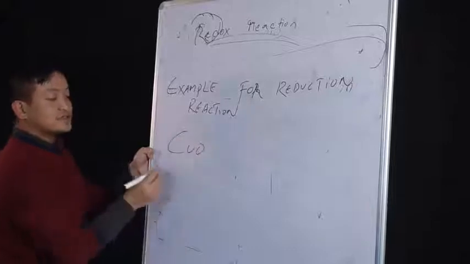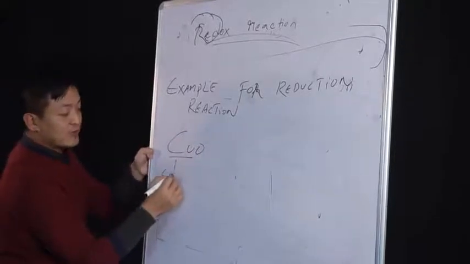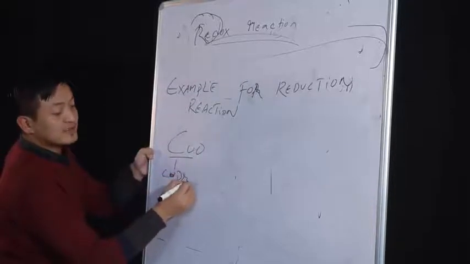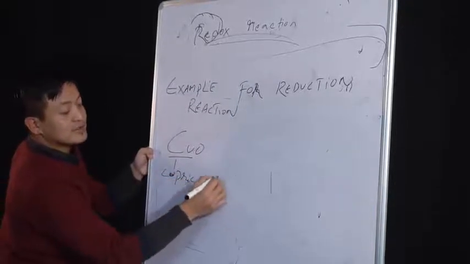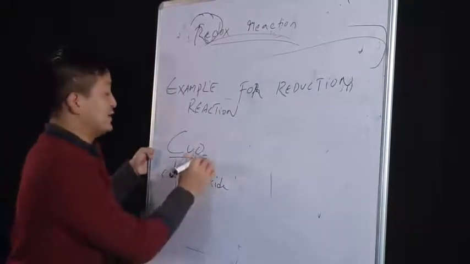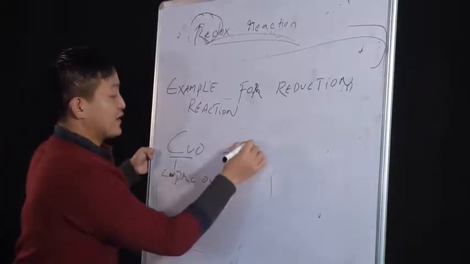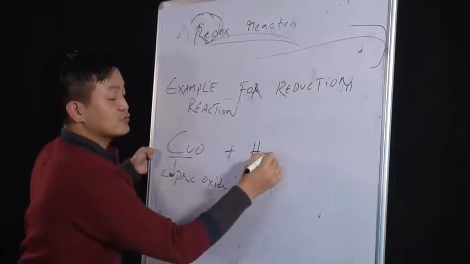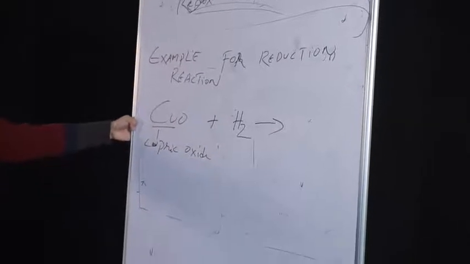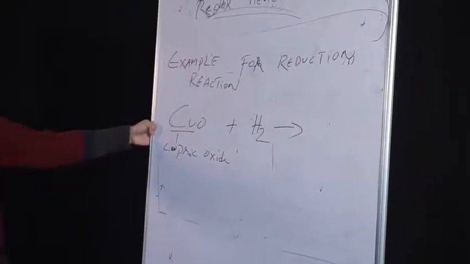CuO, which means Cu is copper and this O means oxygen, so it is cupric oxide, okay? Cupric oxide and H2, hydrogen gas. Now reduction means removal of oxygen.